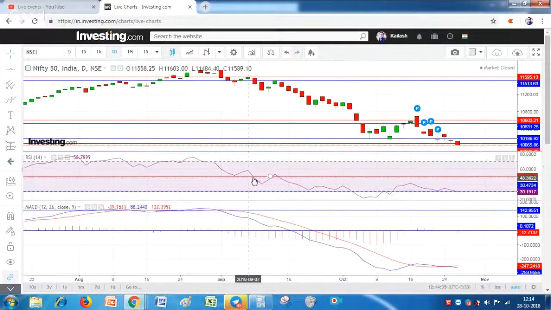You could see this day we entered on 10th of September. From 10th of September onwards, the stock remained weak on both RSI and MACD.